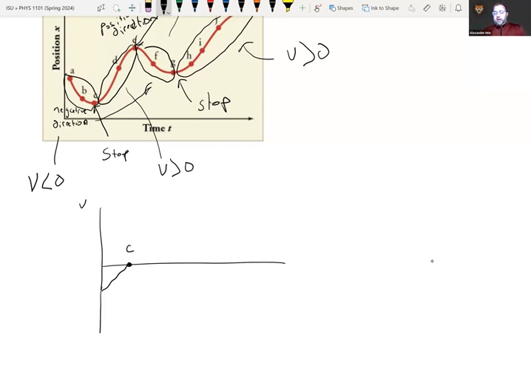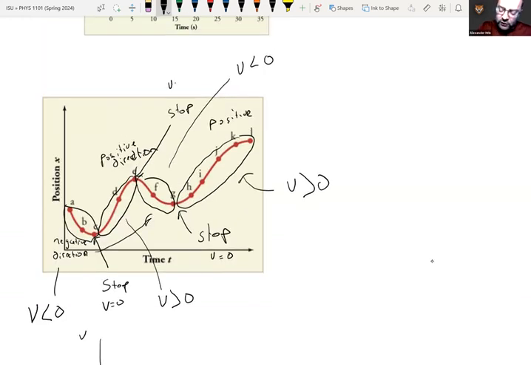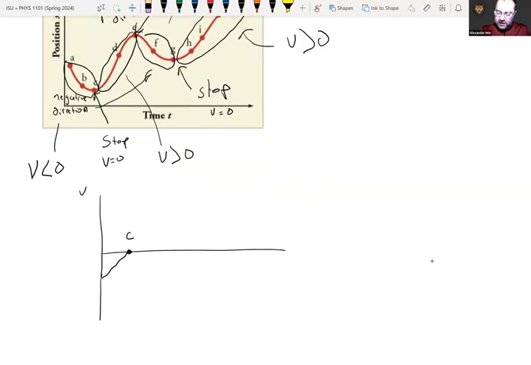The point there is that when the thing is stopped, at points C, D, and G, that means the velocity is zero. This is very useful to remember. If you're told in the problem that the thing is stopped or that it's at rest, that's saying that velocity is equal to zero. So this is something we can take advantage of.